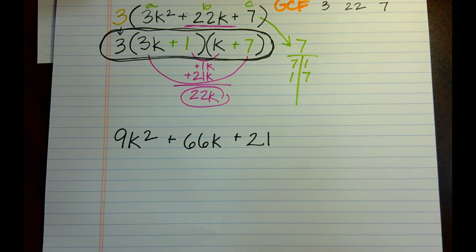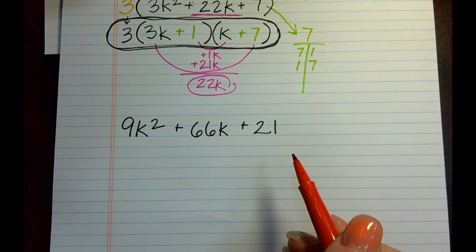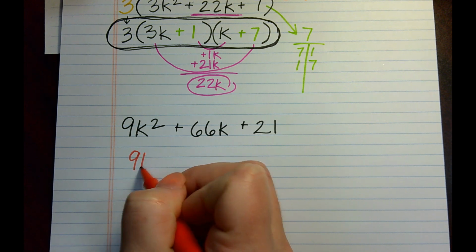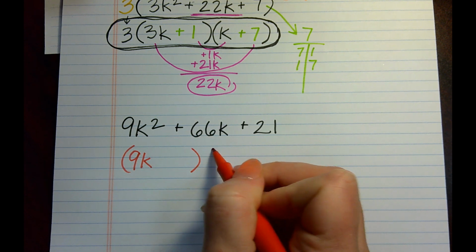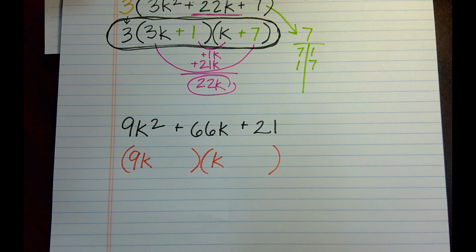So some of you might have decided, well, A is greater than 1. I don't want to look for a greatest common factor. Let's just do 9K and K. You can do this, but it won't be factored completely.